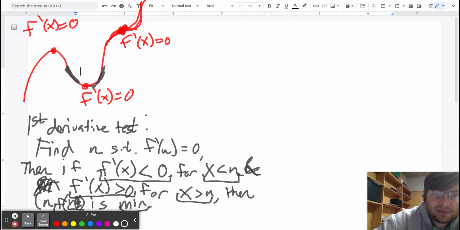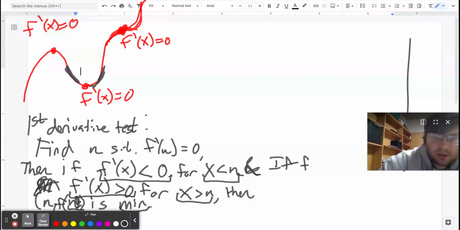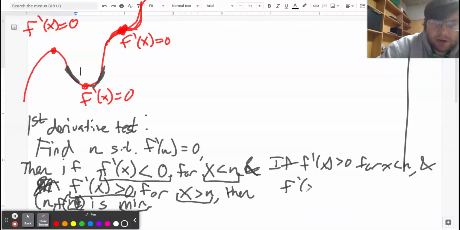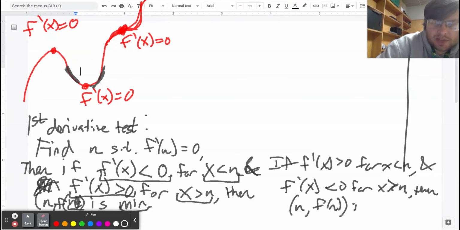You can flip that definition around and say that if f prime of x is greater than 0 for x less than n, and f prime of x is less than 0 for x greater than n, then n comma f of n is a maximum.